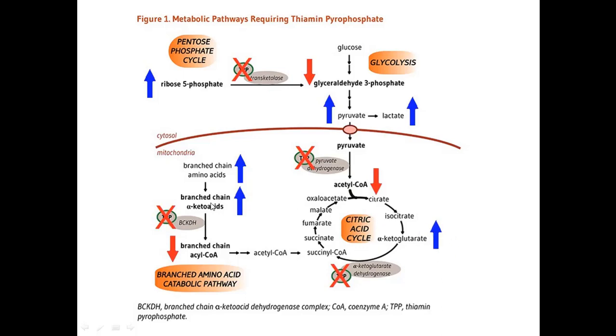And we will see an increase in alpha-ketoglutarate, an increase in branched chain alpha-keto acids, and an increase in branched chain amino acids. The testing that we use here is usually organic acid urine testing to look for these metabolites within the urine. We'll see an increase in pyruvate and an increase in lactate.